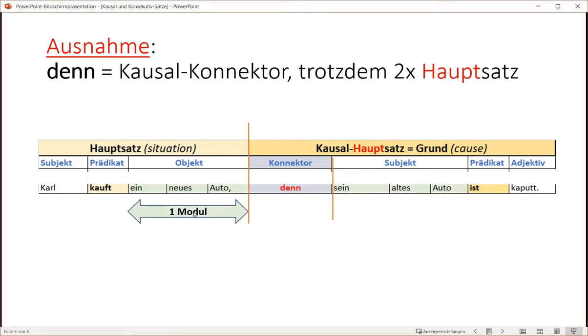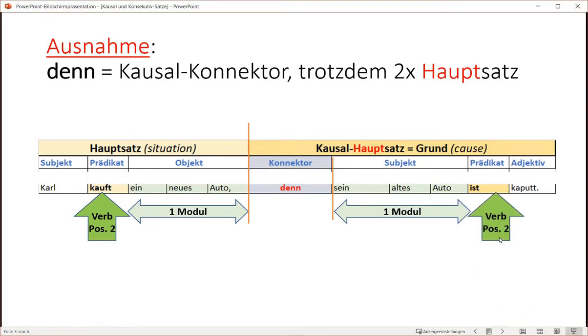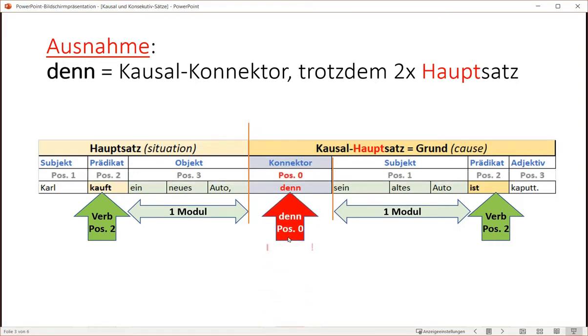So again, this is one module, those 3 words, and one module for these words. So on the Hauptsatz, the verb is on position 2. Second Hauptsatz, the verb is on position 2 as well. And the connector is here, but it's position 0. So we look at that. 1, 2, 3, verb on position 2.